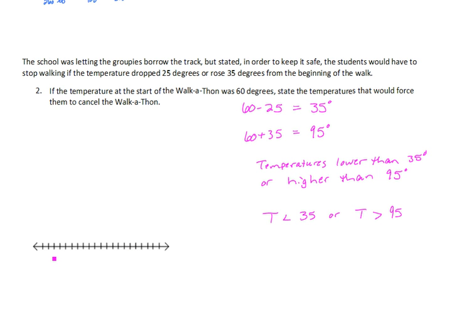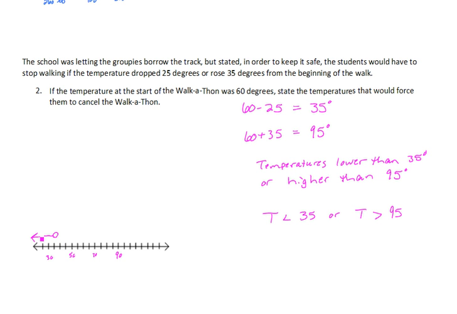So let's look at just doing 30 here. 30, 35, 40, 45, 50, 55, 60, 65, 70, 75, 80, 85, 90. Okay, this says less than 35. So I'm going to put an open sign here because I guess they'll be nice at 35, but anything lower than that.